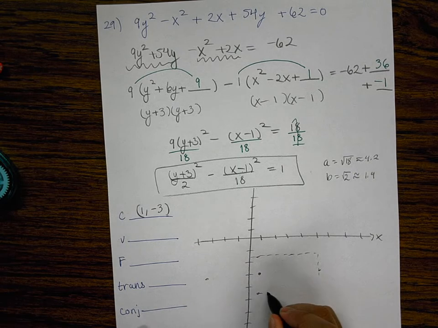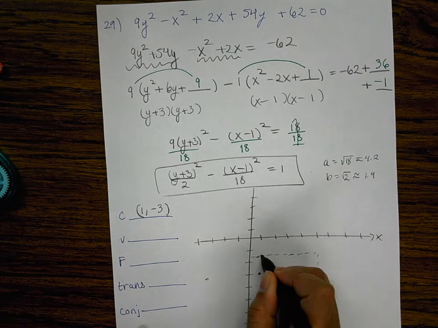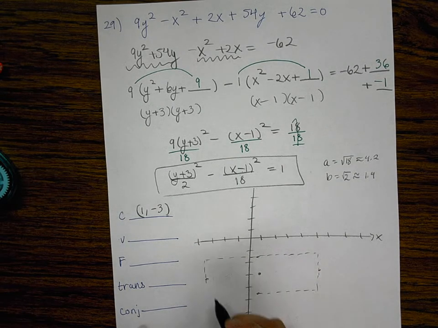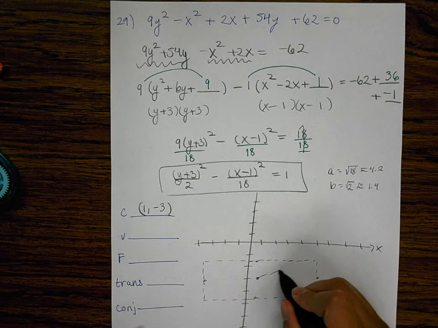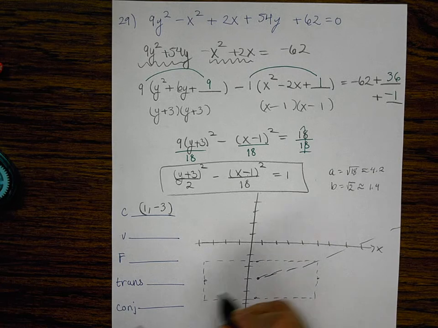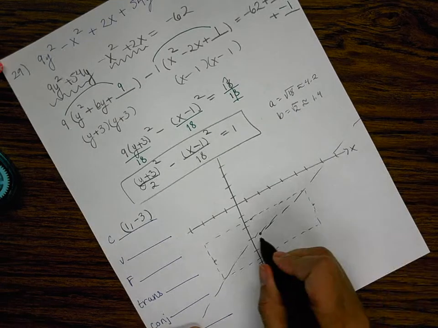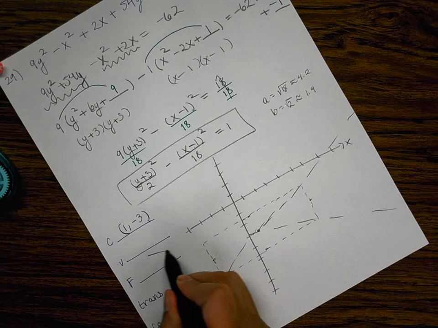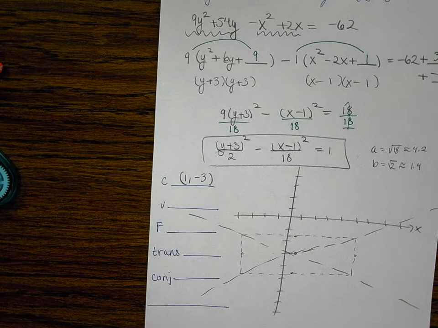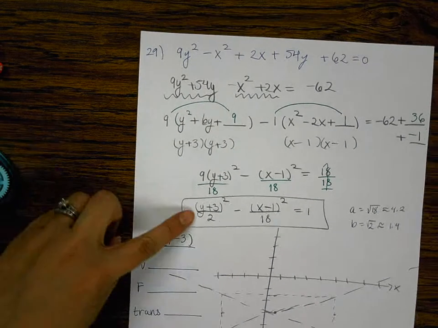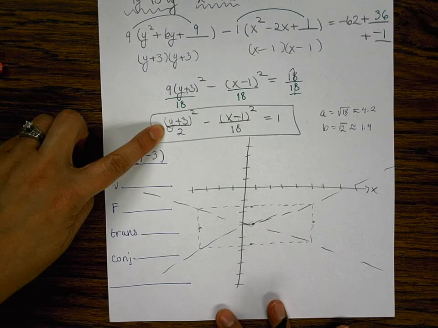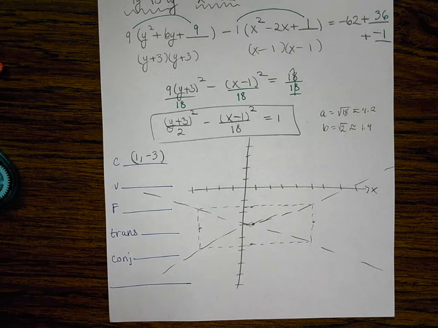Okay, and then make your dotted rectangular shape. And then draw your diagonals, which are your asymptotes. Because Y is coming first, that means your graph is opening up and down.